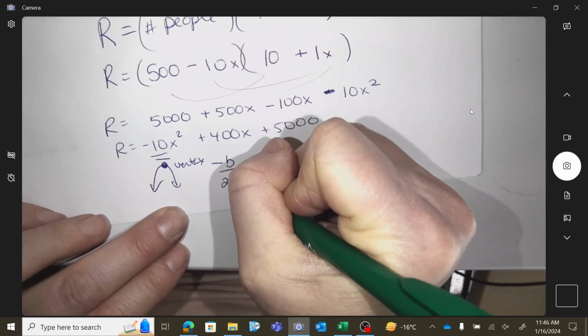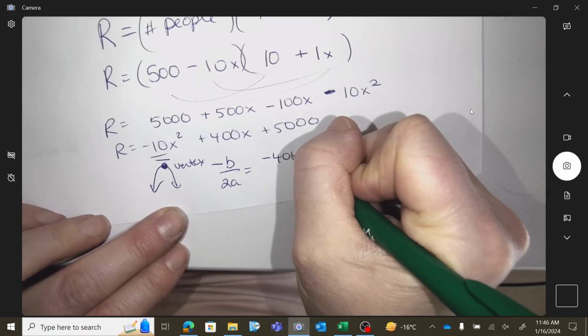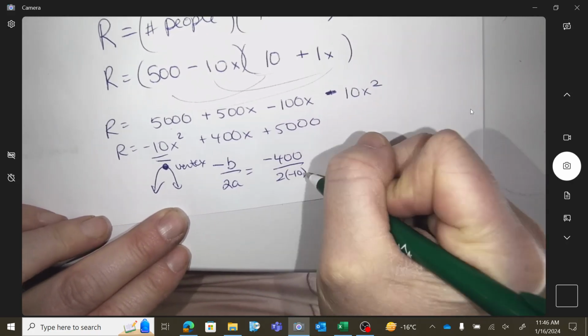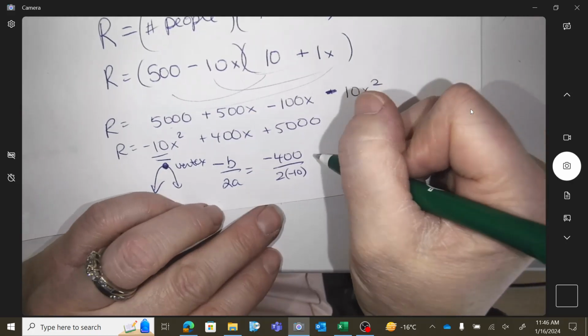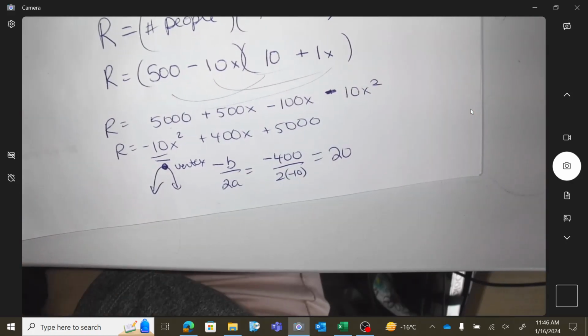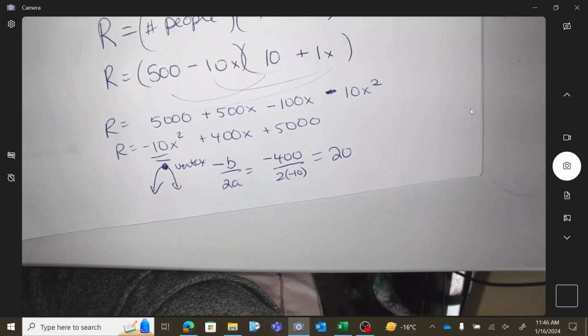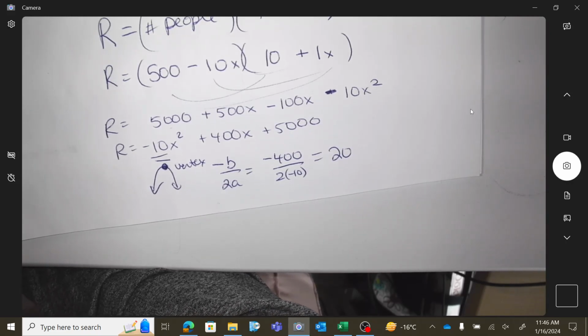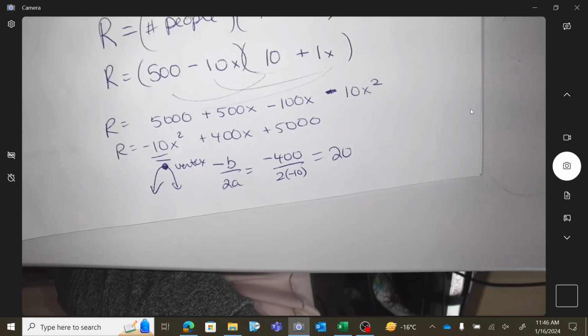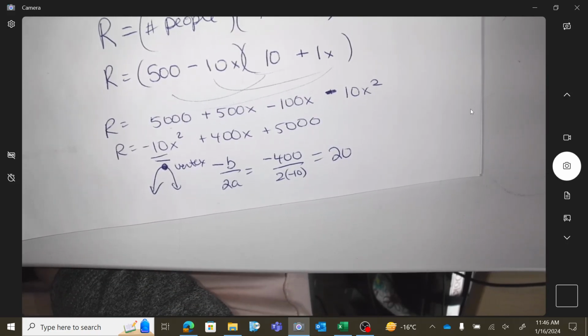Negative b over 2a. Okay, this is not the answer. This is x. That's all it is, just the x value.